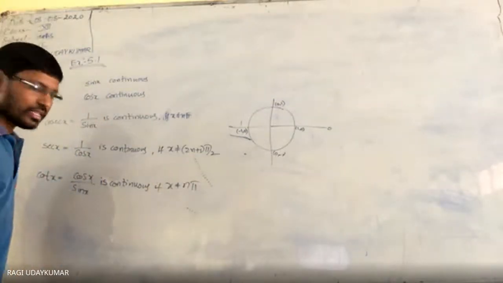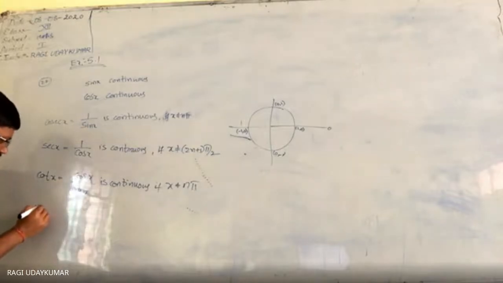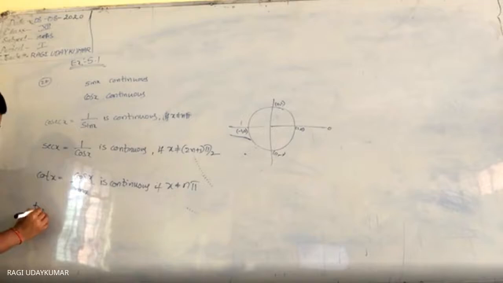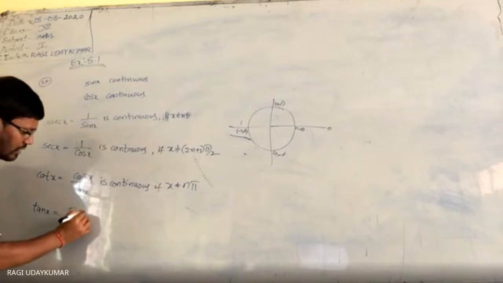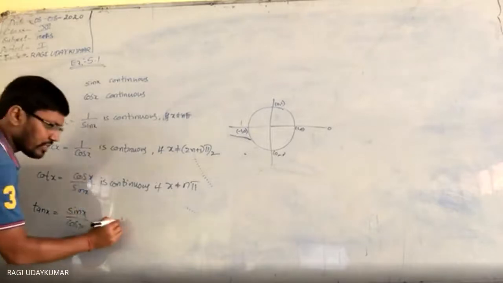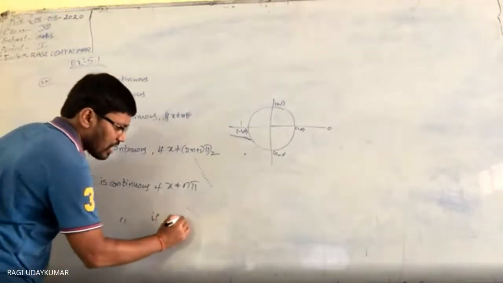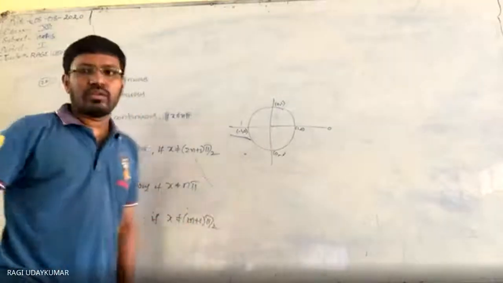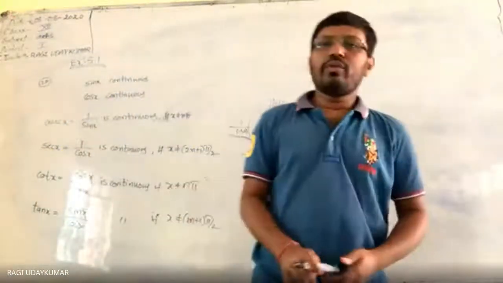In the same way, consider tan x. Tan x is equal to sin x by cos x. This is continuous if x is not equal to 2n plus 1 pi by 2. This is a thing you need to remember.